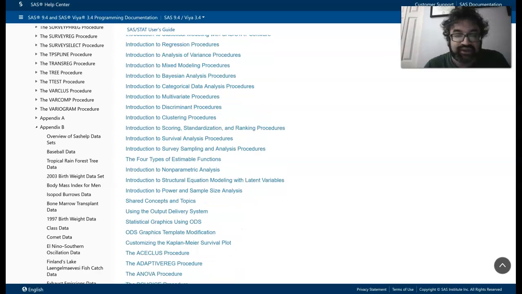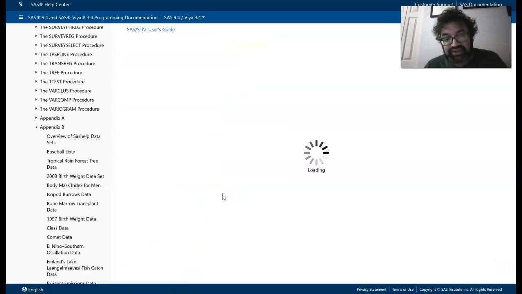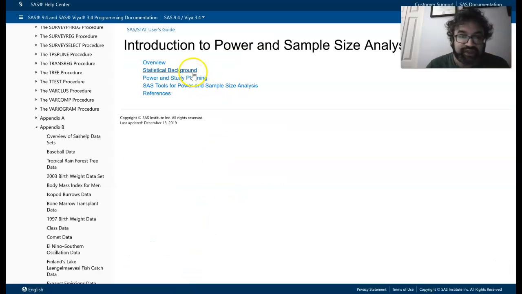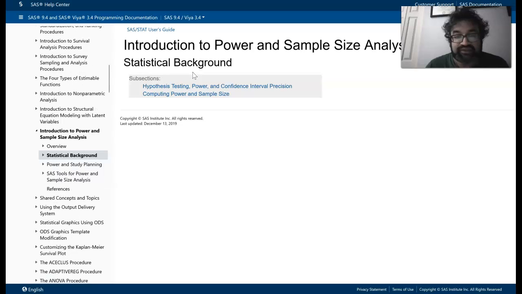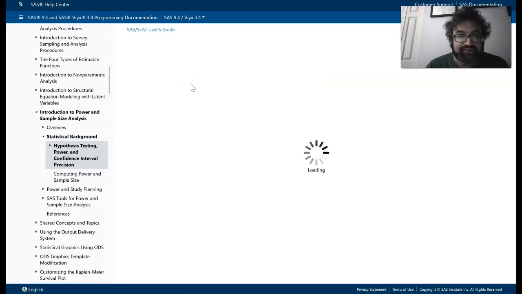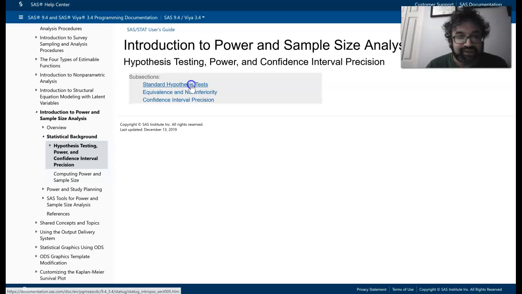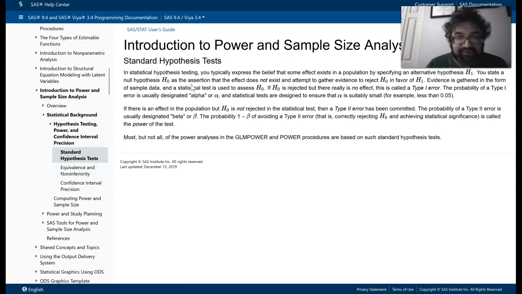If you're looking to quickly look at something like power and sample size, and you don't really know what to provide for your student, this is a really good resource to provide, and they have really interesting statistical background, which breaks it down, and provides, and I'm going to show you an example, the description in a way that is not in other places. So this is something that is good to have.